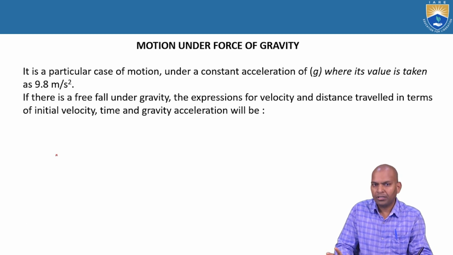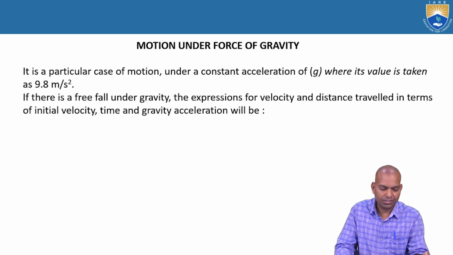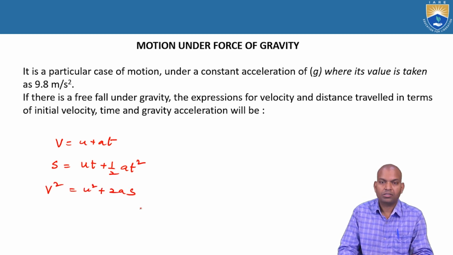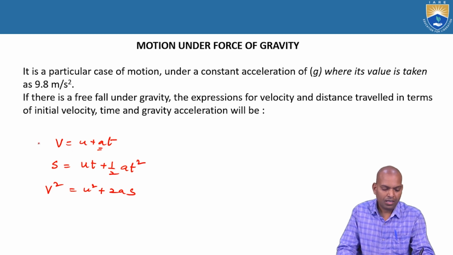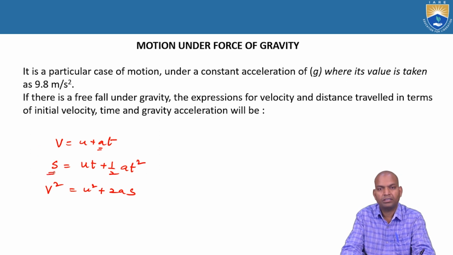When the body is moving horizontally, we use the equations of motion we considered in previous sessions, such as v equal to u plus at, s equal to ut plus half at square, v square equal to u square plus 2as. Here v is the final velocity, u is the initial velocity, a is the acceleration, t is time, and s is the distance traveled.